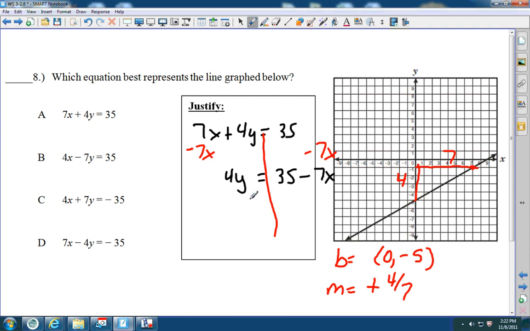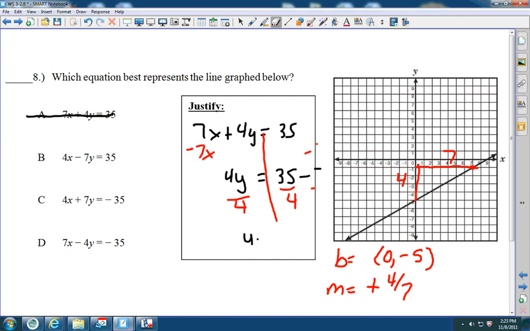I'm going to divide by 4. Well, I get y equals, and my y-intercept is -5. Is 35 divided by 4 equal to -5? Nope. It's not A. So let me erase this.